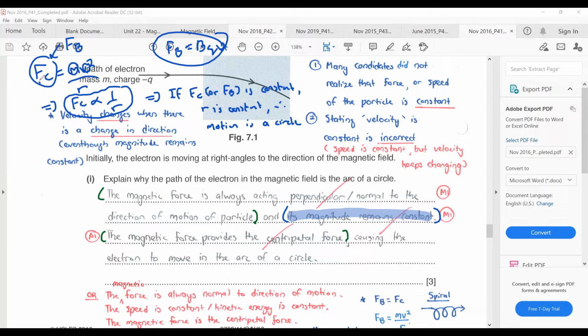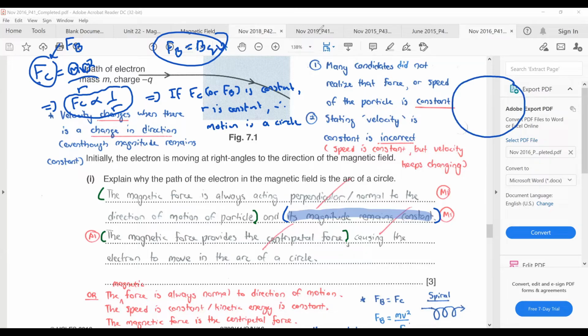Okay, your centripetal force has a direct relation to the circle that you move in. If your Fc is the same, your r is the same, so you will be moving in a circle. Now if you're moving in a circle, it's like this.